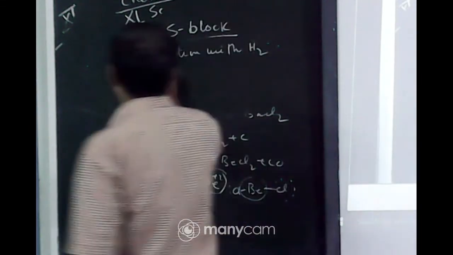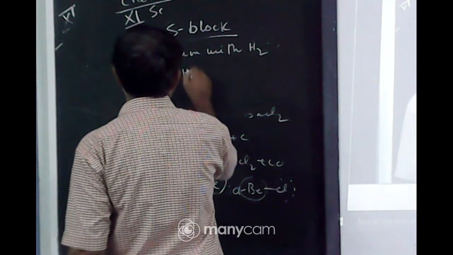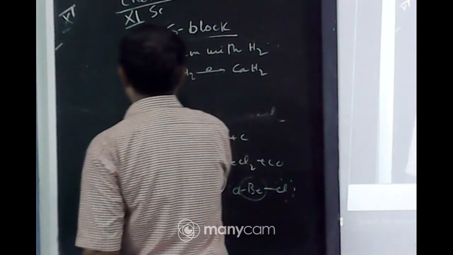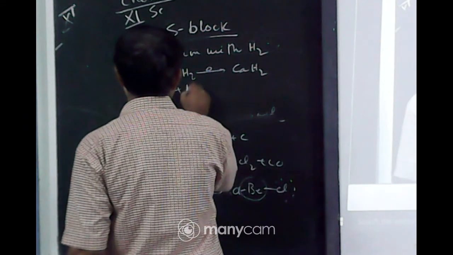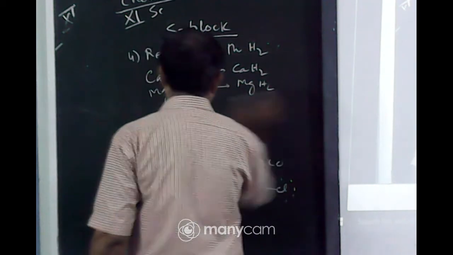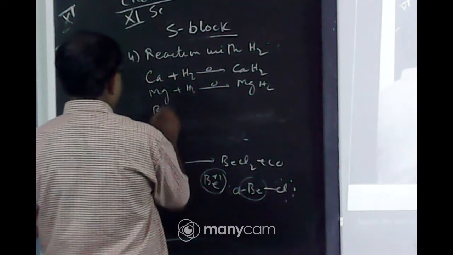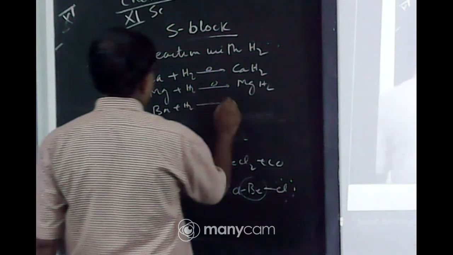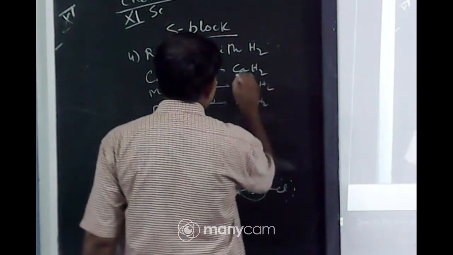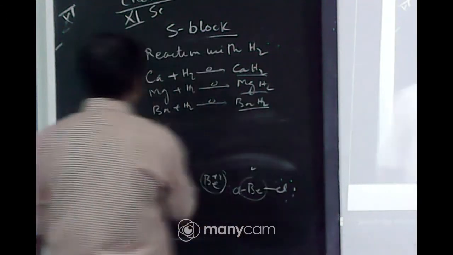Calcium, when heated with hydrogen, forms calcium hydride. Magnesium, when heated with hydrogen, forms magnesium hydride. Barium, when heated with hydrogen, forms barium hydride. And these hydrides react with cold water.